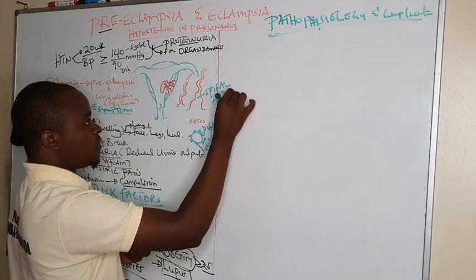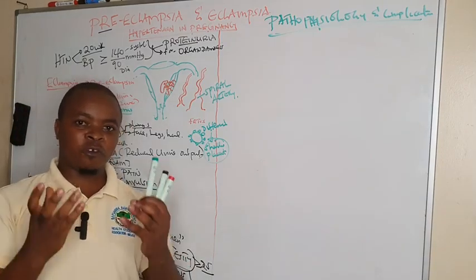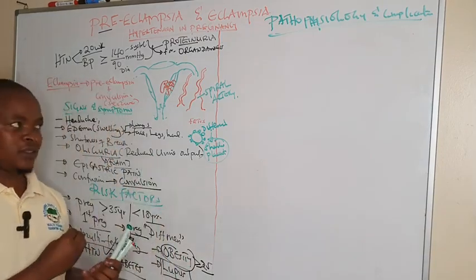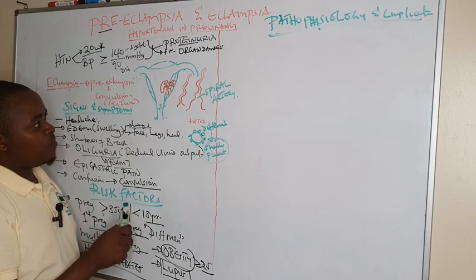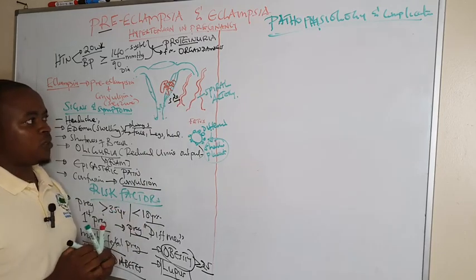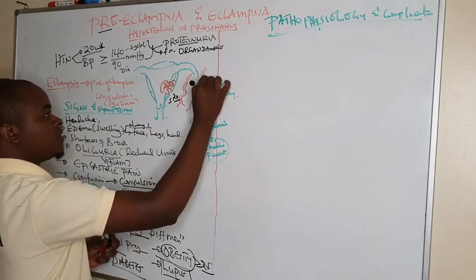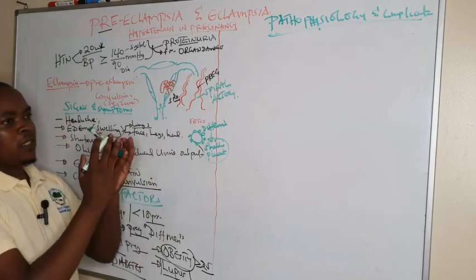So the spiral artery is the one that supplies the nutrients from the mother to the fetus. When the mother is not pregnant, it is of small size. But during pregnancy, we see it remodel.